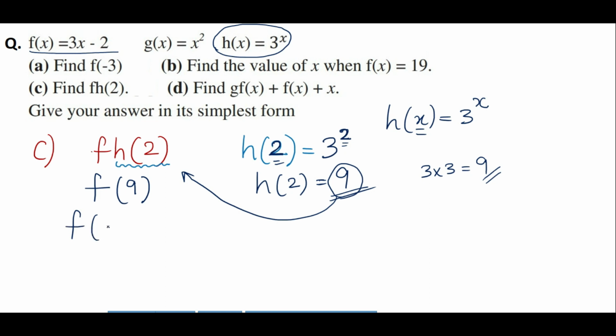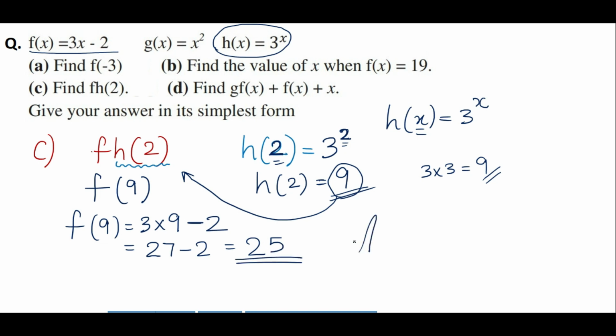So f of 9 is going to be 3 times, in place of x you write 9, minus 2, which is going to be 27 minus 2, giving you an answer of 25. So the answer for f of h of 2 is equal to 25.